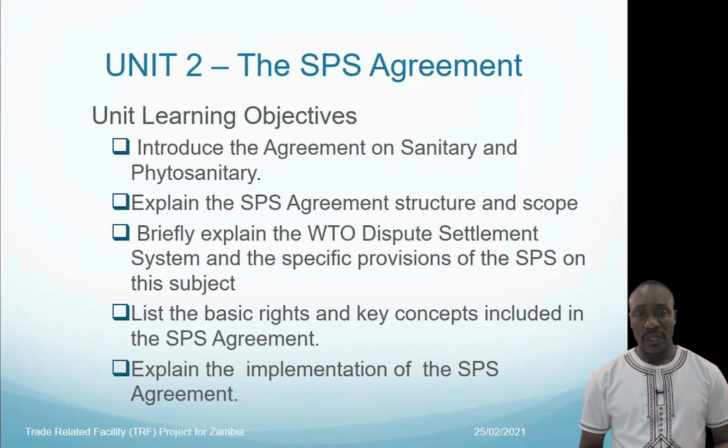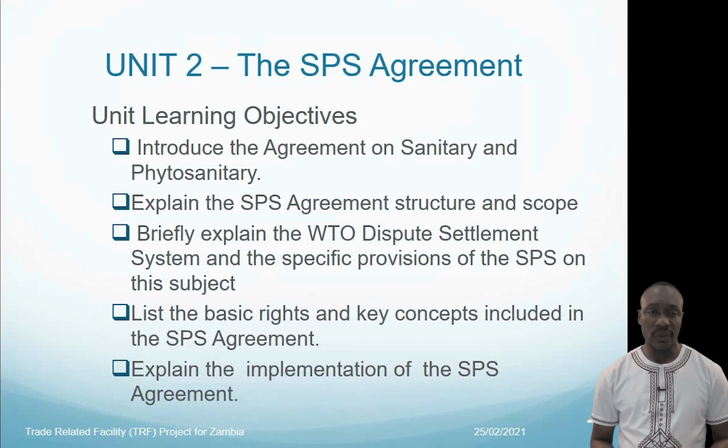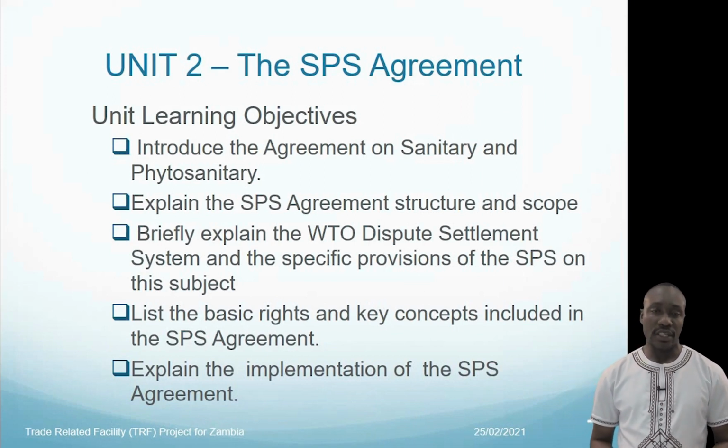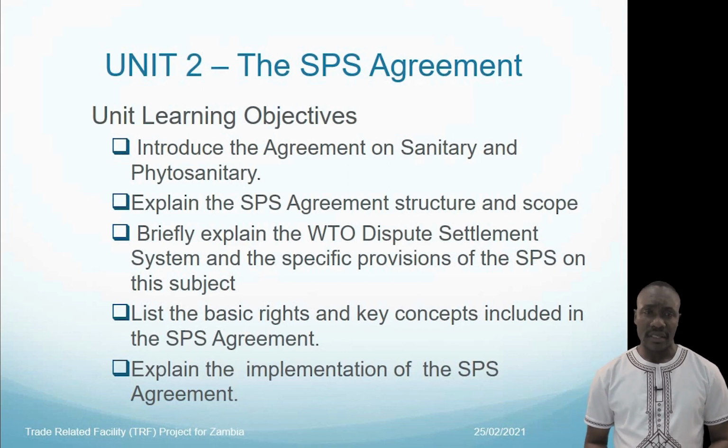Okay, we want to now start on the SPS agreement. What do we want to achieve with this introduction? Well, we introduce the Agreement on Sanitary and Phytosanitary Measures, the SPS. We explain its structure and scope.